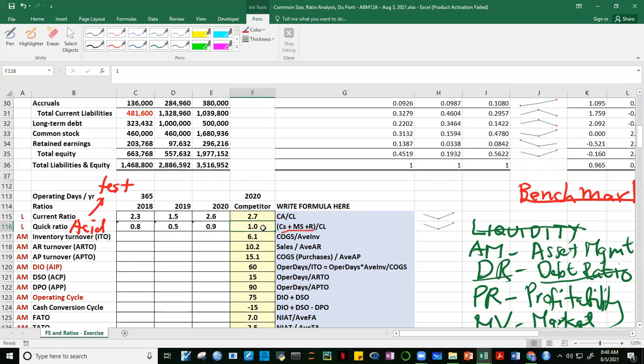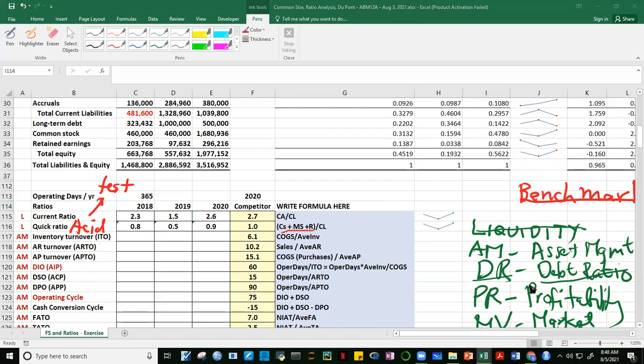Si competitor, ang quick ratio niya is 1.0. Okay, ibig sabihin, yung quality ng cash, marketable securities, at saka receivables niya, enough in order to cover its current obligations. Okay, so ginagamit natin guys yung liquidity para malaman kung kaya ba ng company magbayad ng current obligations nila as they fall due.